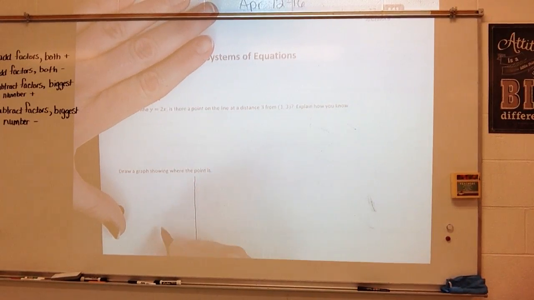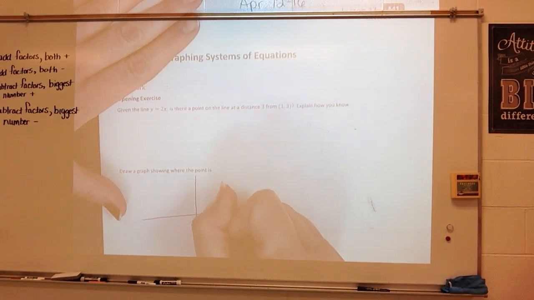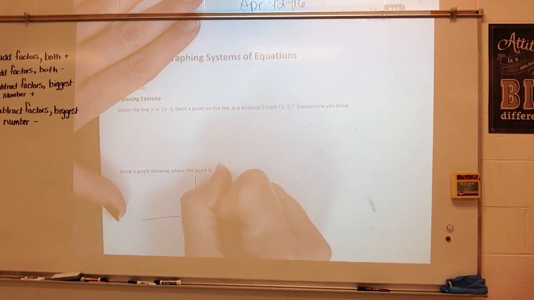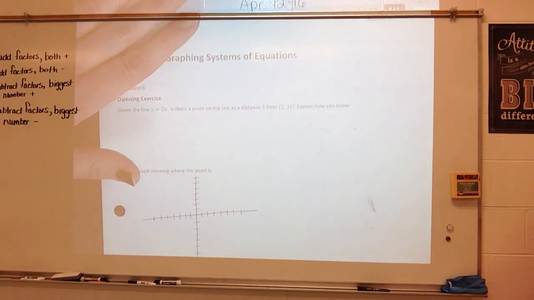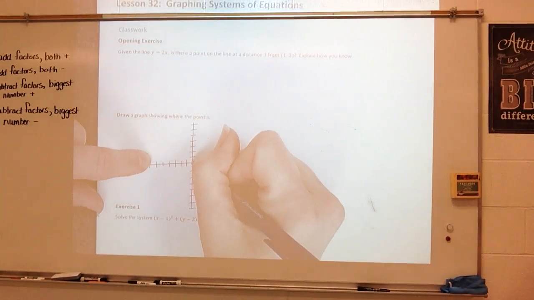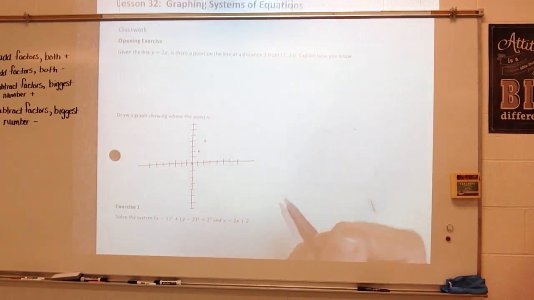And the second part here says the graph, so we'll go ahead and graph that line. In graphing that line, it crosses at (0, 0), because the y-intercept is 0, and my slope is 2. So up 2 over 1, up 2 over 1. So here is my line.